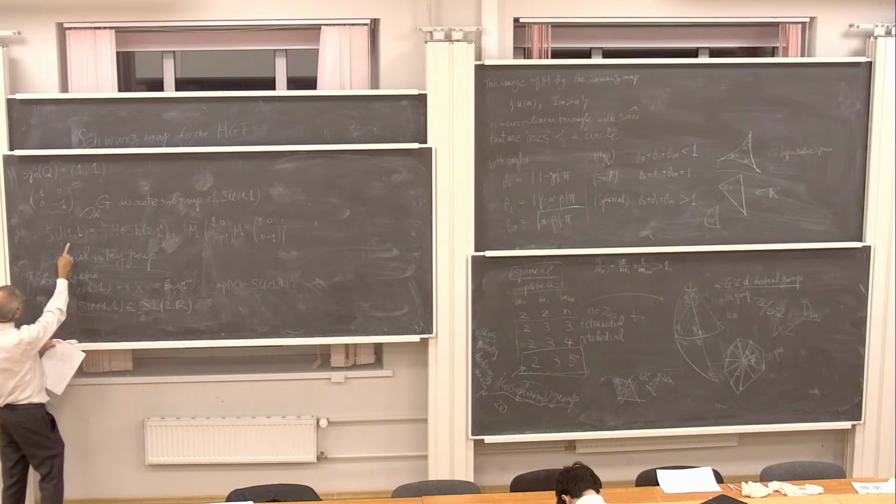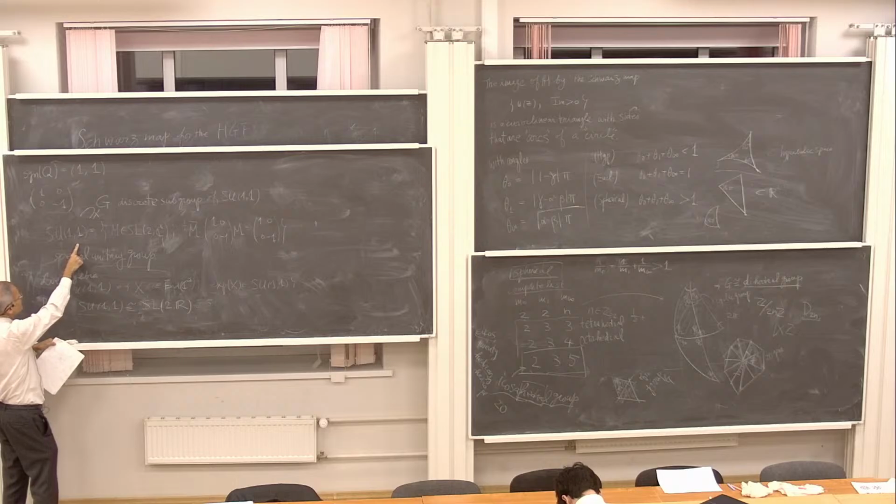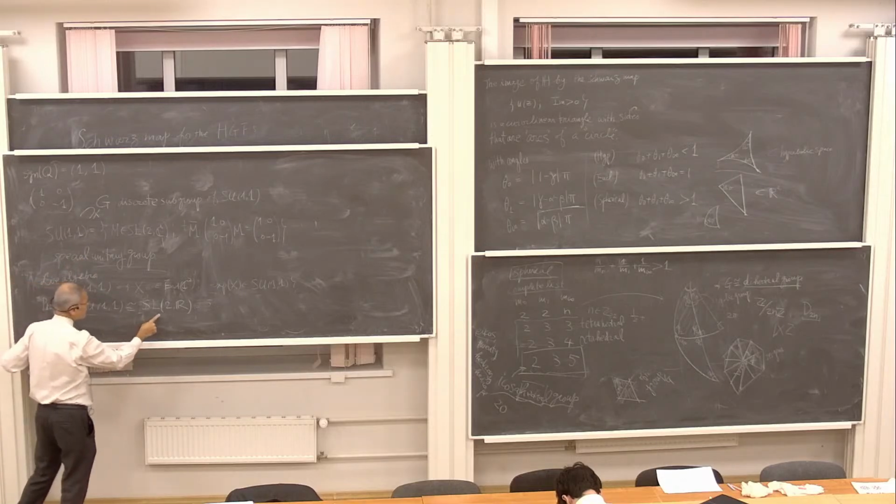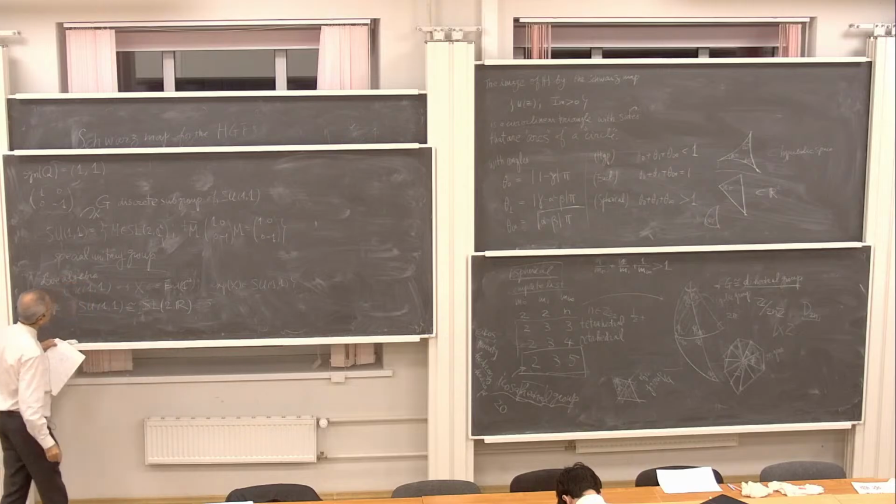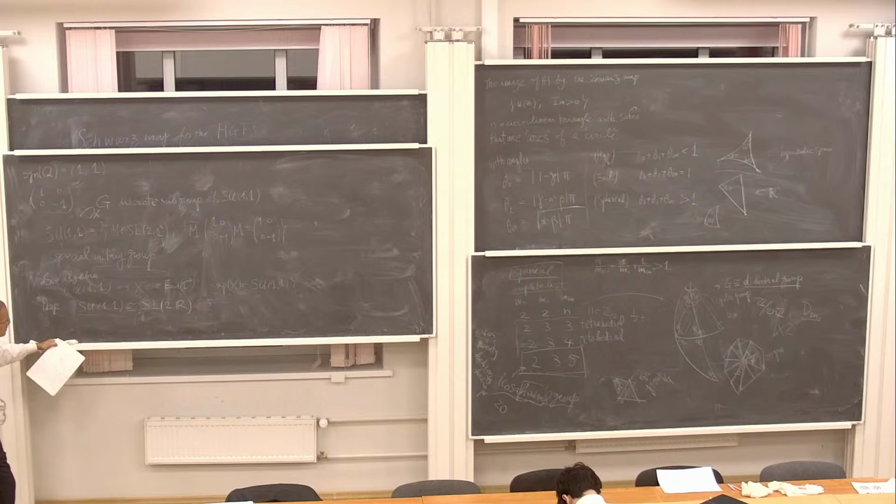In fact, SU(1,1) seems to be complex, but it can be understood as a real Lie group. It is completely determined by this.